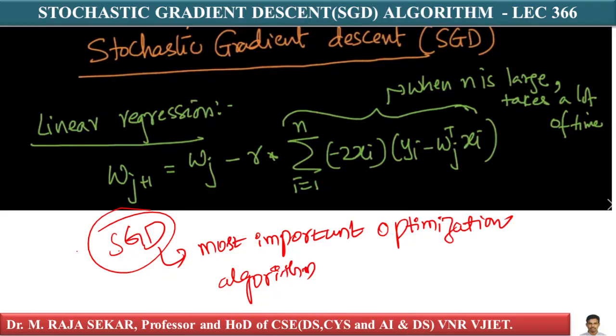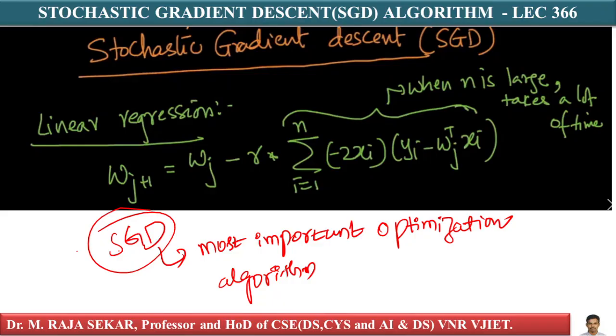By the way, in data science, we use lots of algorithms. There are many algorithms. The most important is SGD. Literally, it is becoming the cornerstone. We saw gradient descent. We modify gradient descent slightly and make it SGD.